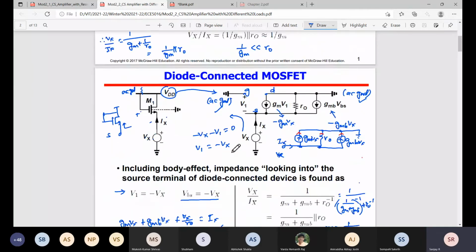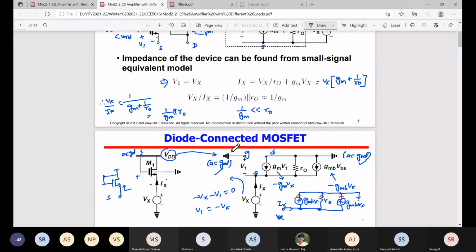So what do you find now? A gate and drain connected MOSFET can behave as a diode. Why? Because looking from any terminal, either the input gate terminal, the drain terminal or the source terminal, the impedance is always the same, 1 by gm.